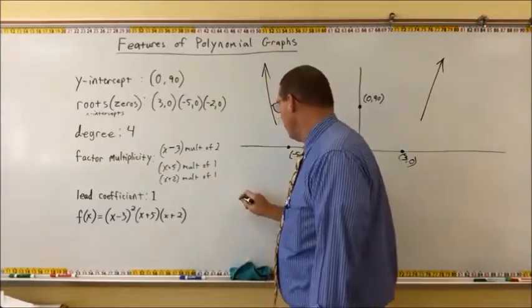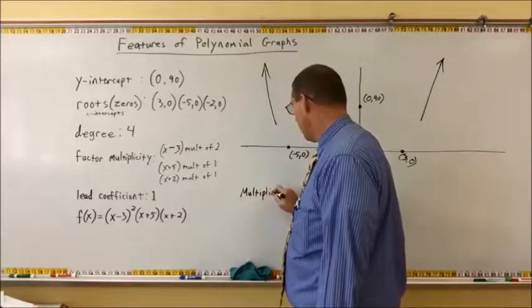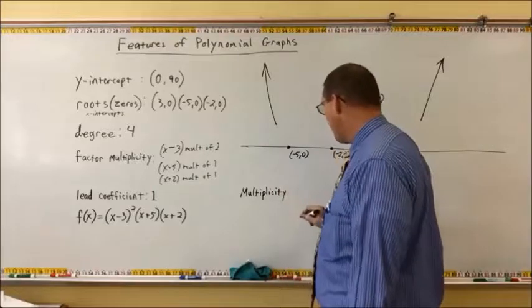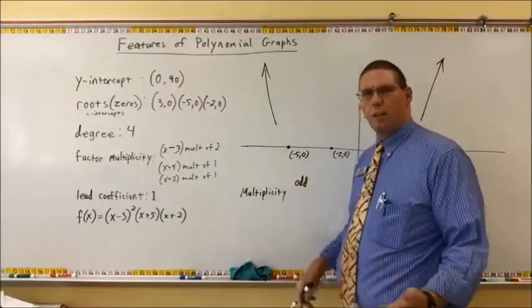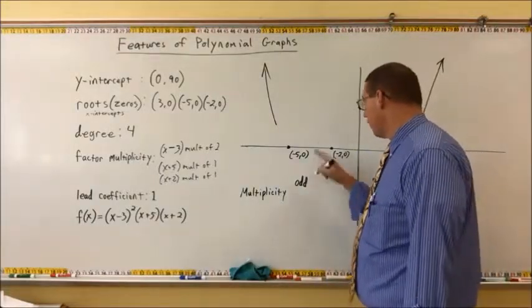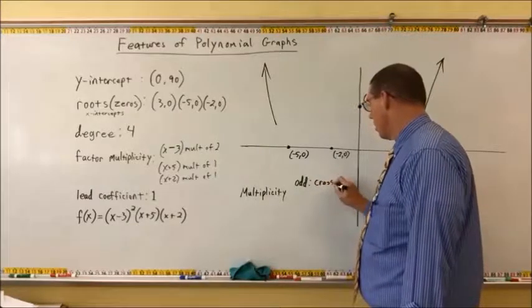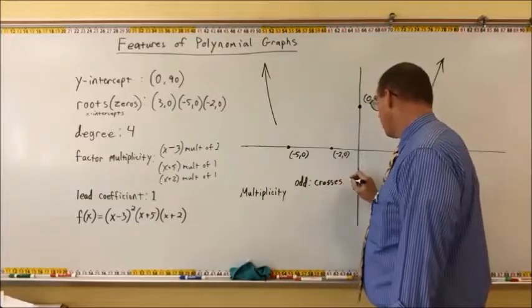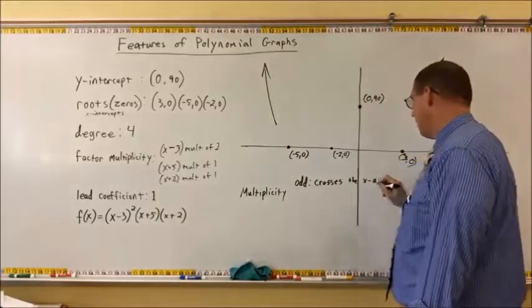If the multiplicity of a factor is odd, 1 or 3 or 5, then the line we're going to draw crosses the x-axis.